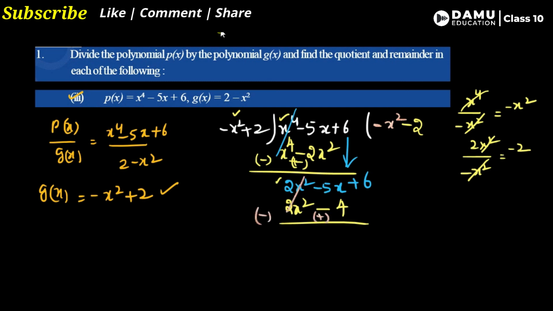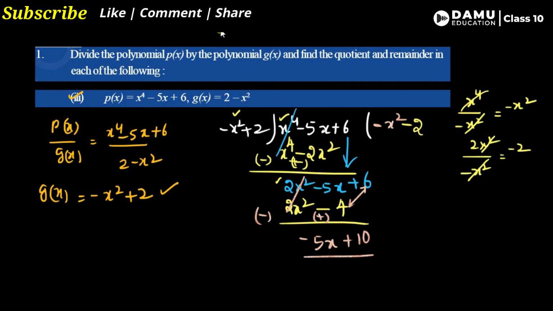So plus 2x square minus 2x square will cancel. Then minus 5x. So plus 6 and plus 4, we are doing addition of these two. We cannot do it with x. Why? Because here there is no x. So plus 10. So is there any other term? No. This is the final thing.